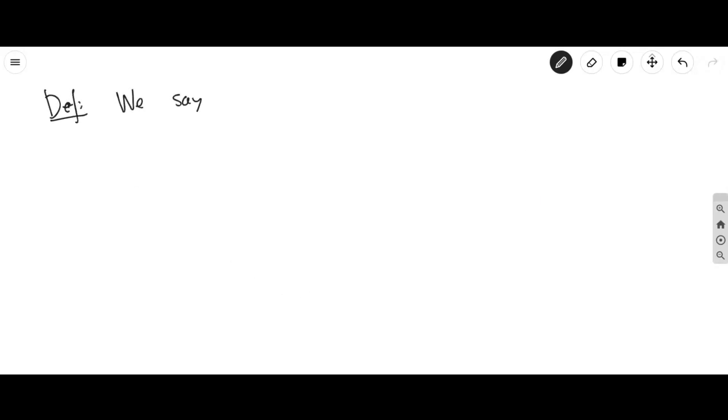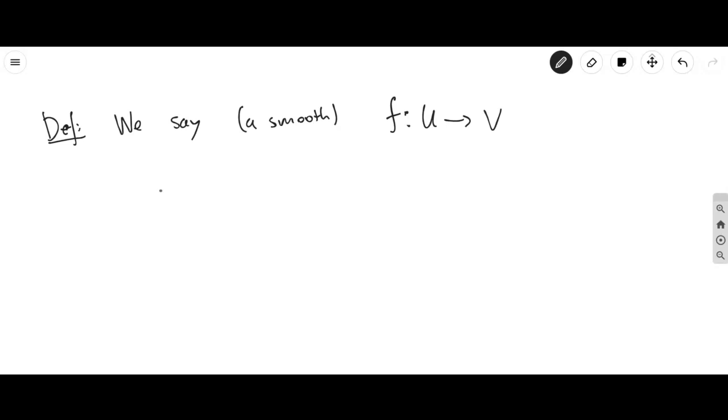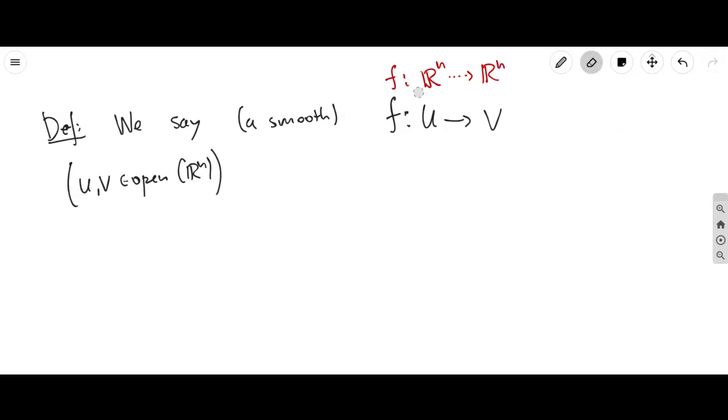We say that a smooth map F from, let's say, U to V. Here, U and V are open subsets of Rn. If you want to simplify notation, you would just write Rn with a dashed line to Rn. So it's mapping an open subset of Rn to an open subset of Rn.